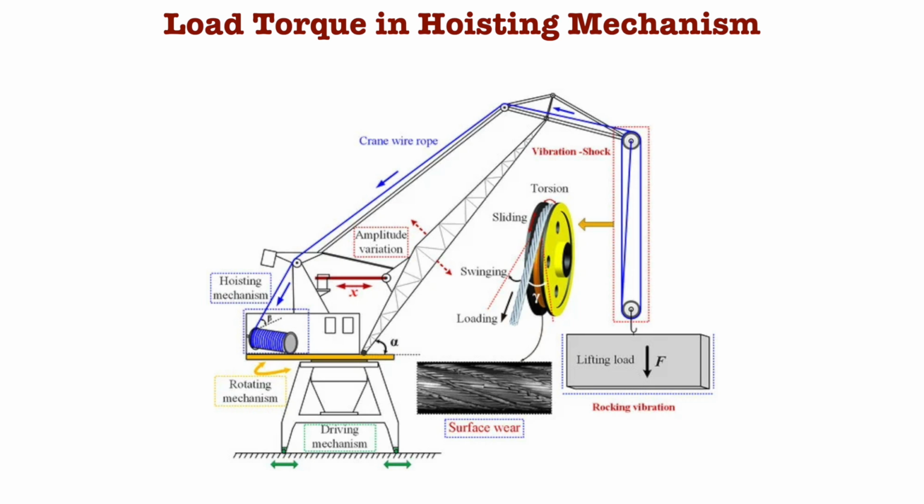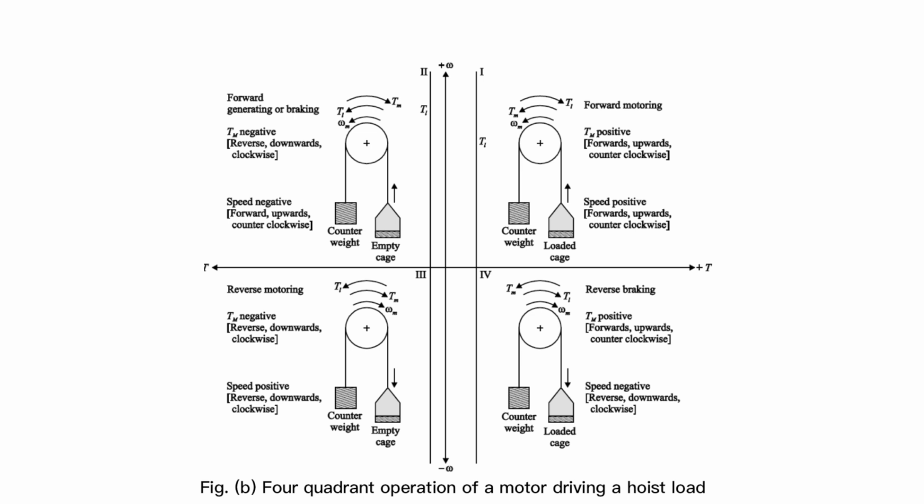Therefore, the speed torque curves of a hoist load can be represented by means of vertical lines passing through two quadrants. The speed torque characteristic of a loaded hoist is shown in figure B by means of a vertical line passing through the first and the fourth quadrants.